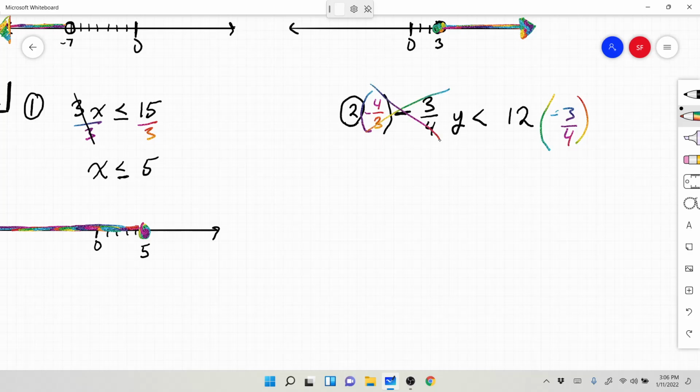So this is canceling, but since we multiplied or divided by a negative, this is going to turn into y is greater than. And then what is 12 times negative 3/4? It's negative 9.